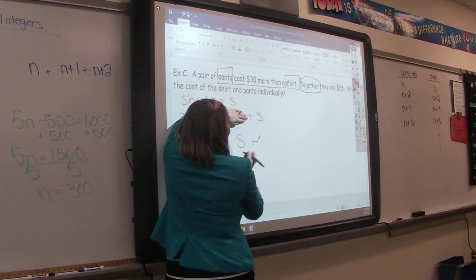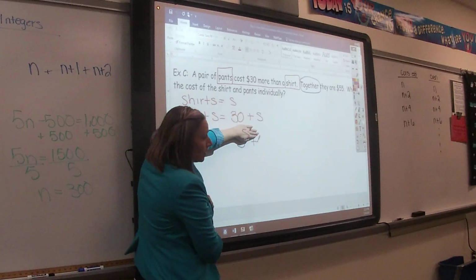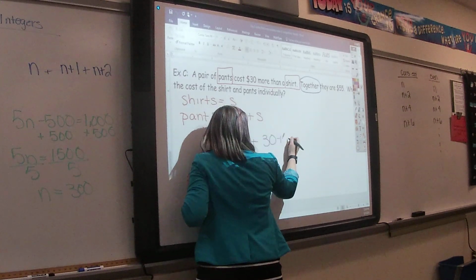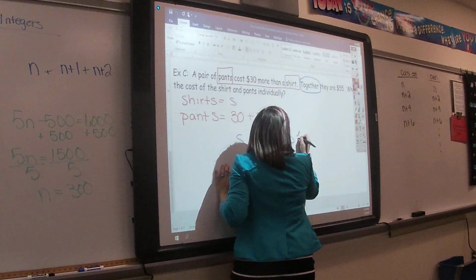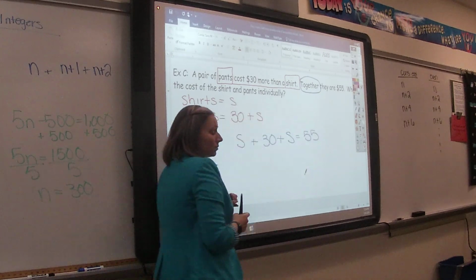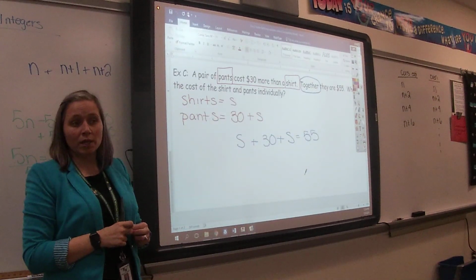So how much does a shirt cost? S. And how much do pants cost? S plus 30. And how much should they cost together? 55. So this is something we can solve.